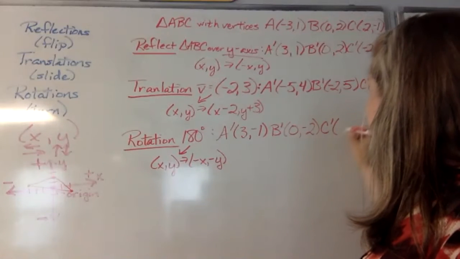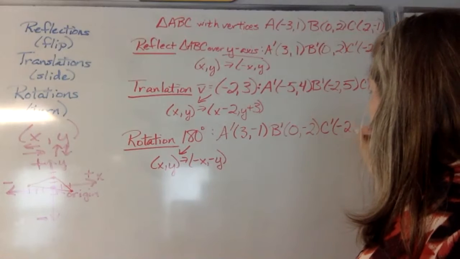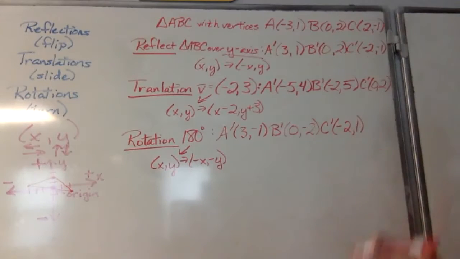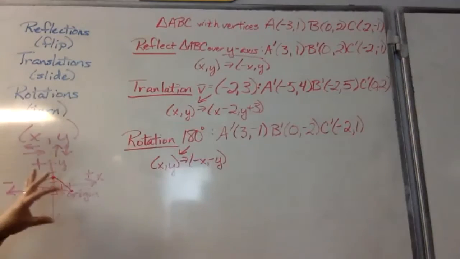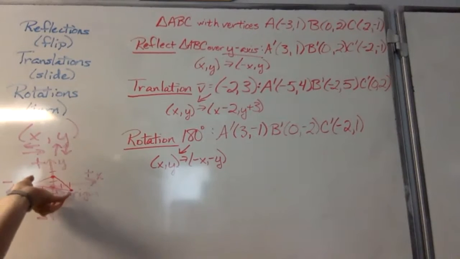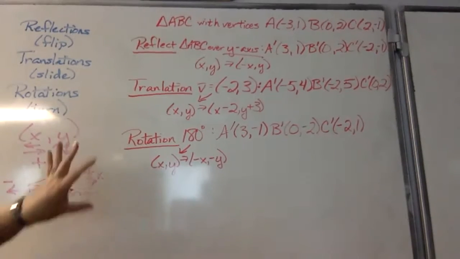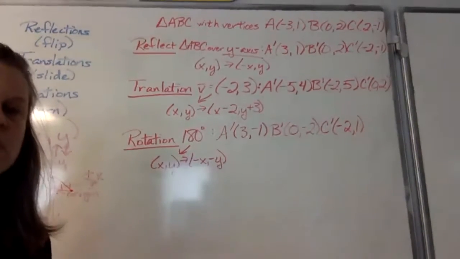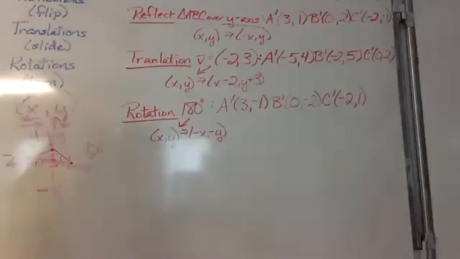And then for point C, I had 2, -1, so it will become -2, +1. It's rotating it 180 degrees. So if I actually drew it on this coordinate plane, instead of being up here at the top, it would be flipped around down here at the bottom. Okay, it's rotating it, turning it around 180 degrees. So that's one of the rules that you had last week.